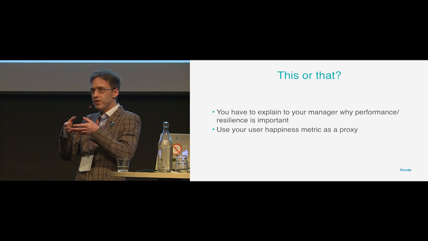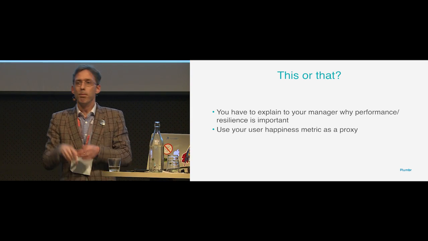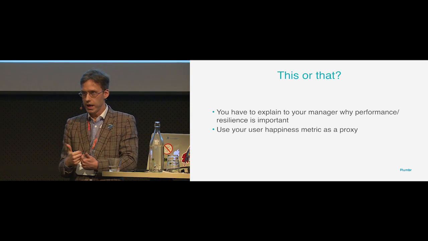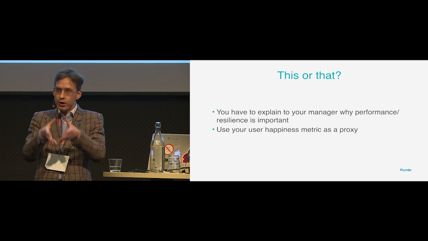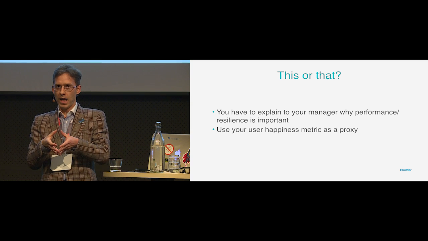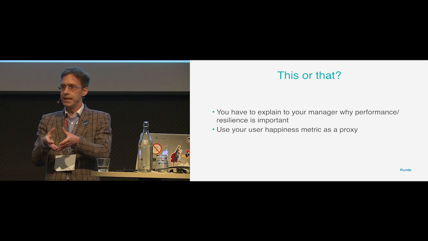But when you use your user happiness, however you define your happiness based on that real end user interactions with your application, failed request, slow request, whatever, you really can use that number or that impact as a proxy to why this fix is really needed.